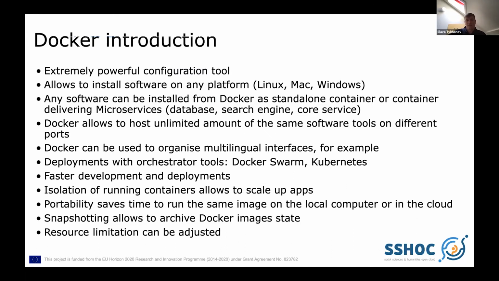And Docker allows you to scale up apps in the cloud. So this is a perfect opportunity if you want to deploy and run a data infrastructure with a lot of datasets. You can scale it up and adjust your resources. And also you can archive your Docker images and run the containers after some time, once everything is archived.